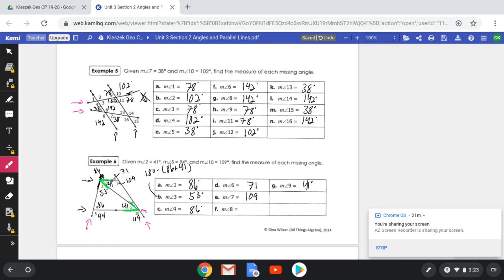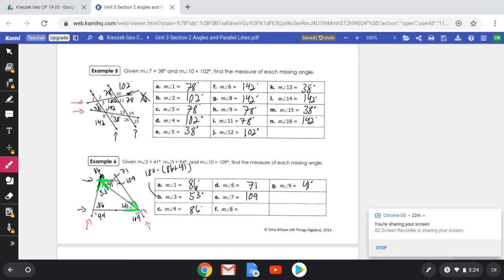Whereas angle 3 and 8, well, angle 3 is made from this transversal, and this parallel line, and this other transversal. So the angle is created from two transversals, whereas angle 8 is created from not only two transversals, but two different transversals. You got the one that's the same here, but then it's created from this one. So that's why 3 and 8 cannot be alternate interior.